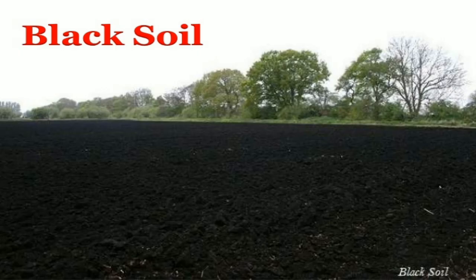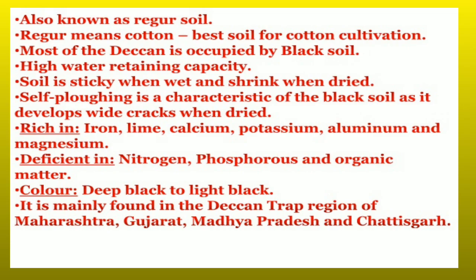Now you can see the black soil, how it looks. Now write a short note on black soil. Black soil is known as regur soil. Regur means cotton, meaning this soil is ideal for cotton.